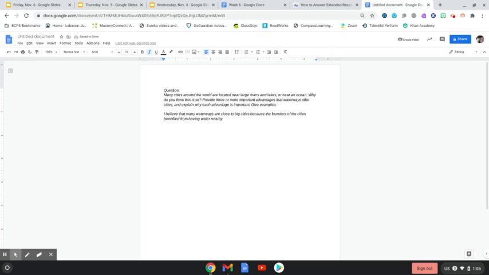Then my step number 2, we read that this is where you give information, details, where you give examples. So I'm going to say big cities were found where farms were before they turned into a metropolitan area.